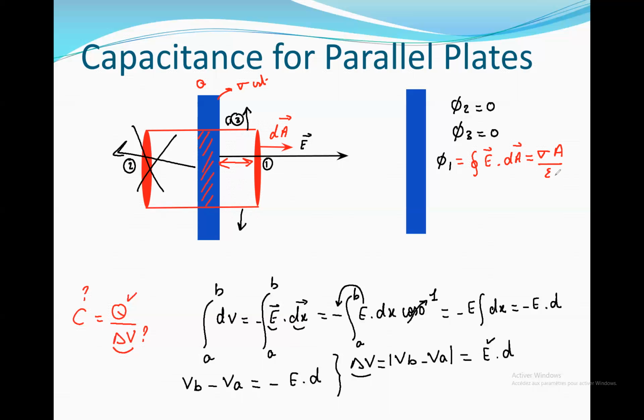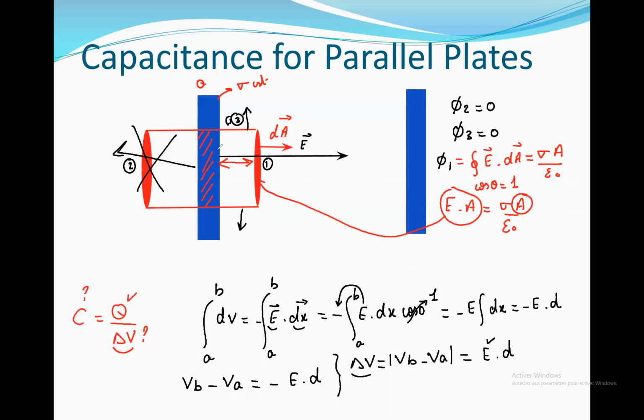So the angle between dA and E equals 0, and cosine theta equals 1. So EA equals sigma A divided by epsilon. I repeat, this value concerns only the cylinder side, and this A is the area of the Qn.